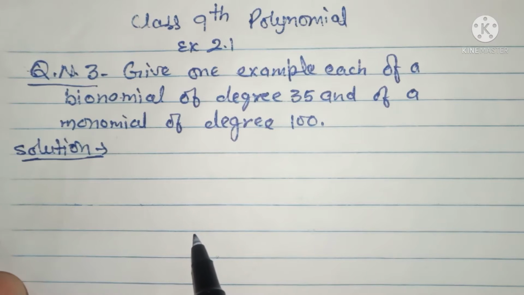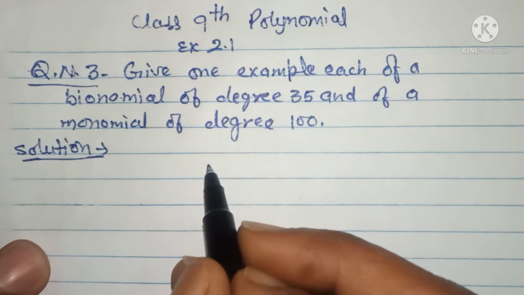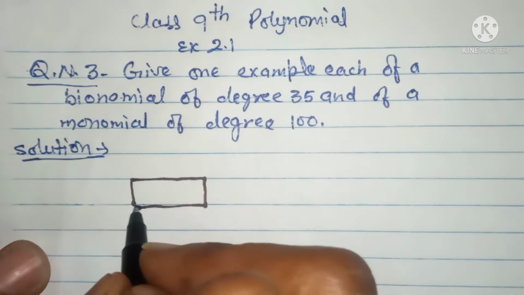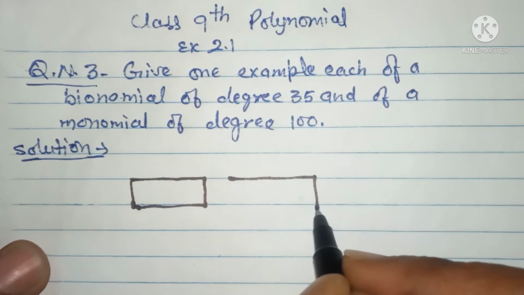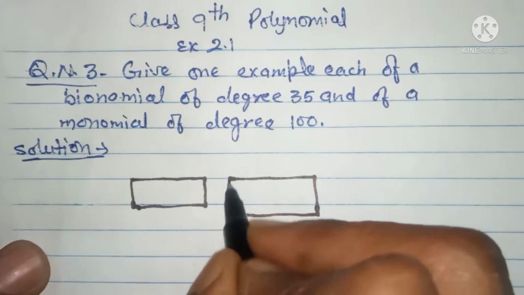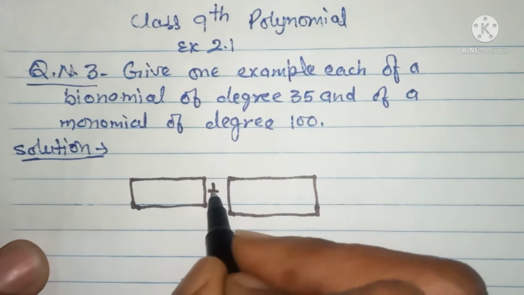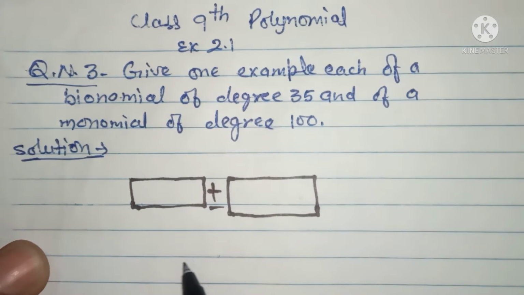We know that a binomial has two terms which are connected with the operations addition, subtraction, multiplication and division. So we can solve it as, suppose these two blocks are representing the terms of a binomial which are connected with plus and minus sign.